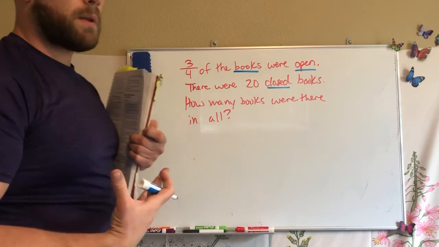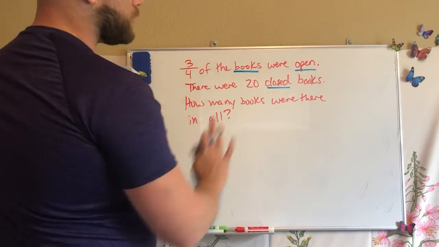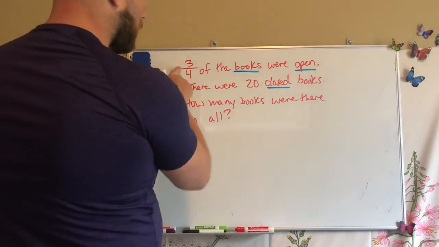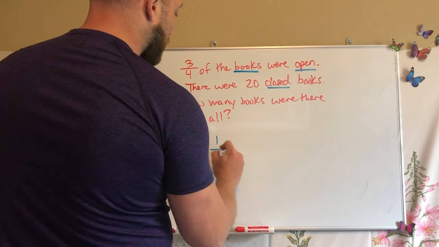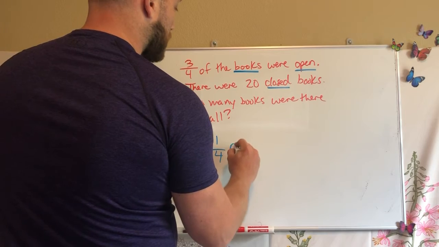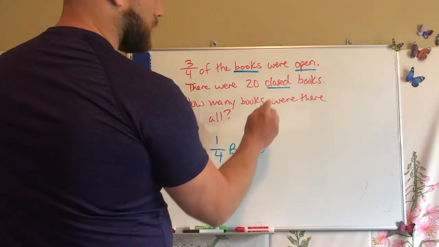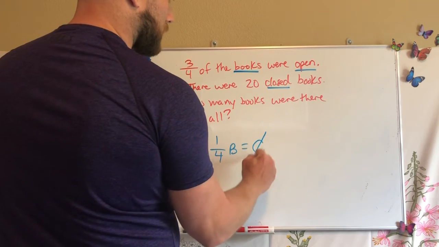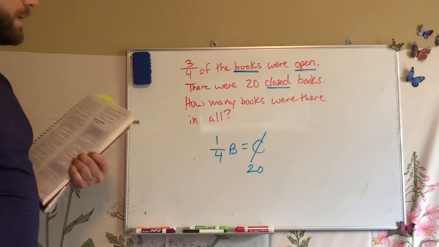But now it wants to know how many were in all, and we know 20 are closed. So we're going to write the equation for closed. If 3/4 were open, that means 1/4 of the books were closed. And the quantity of closed is 20. There's your equation.